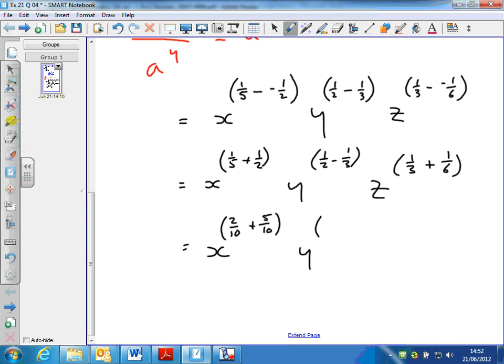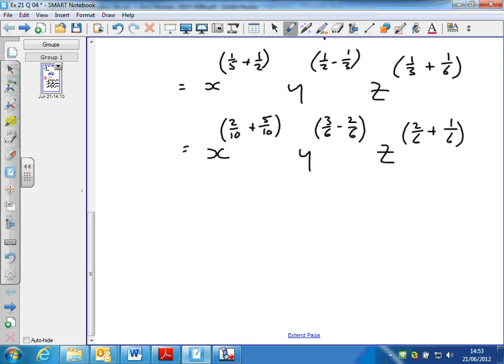Again, to be able to subtract these, the denominator must be the same, so convert them both to sixths. A half is 3/6 minus a third is 2/6. And then z, again, common denominator this time is 6. They both go into 6, so that will be 2/6 plus 1/6.